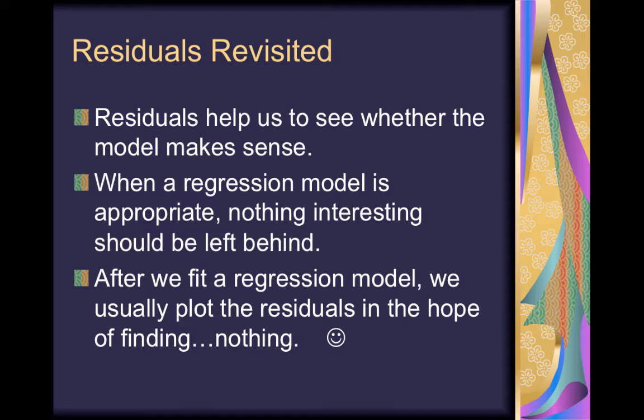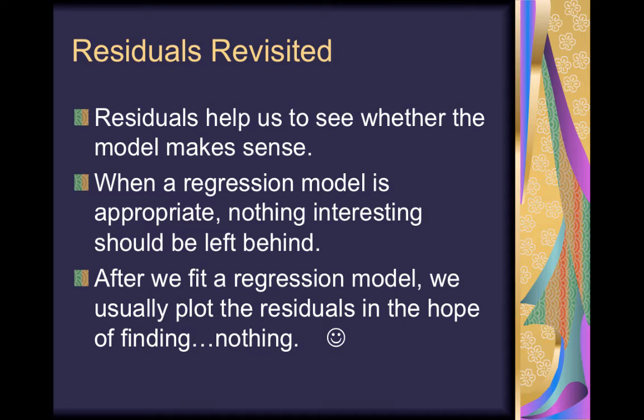What that means is that our x-axis will stay the same, so our x-axis will be our x variable. Our y-axis will now be our residuals, so the y minus y hat will be on our y-axis.